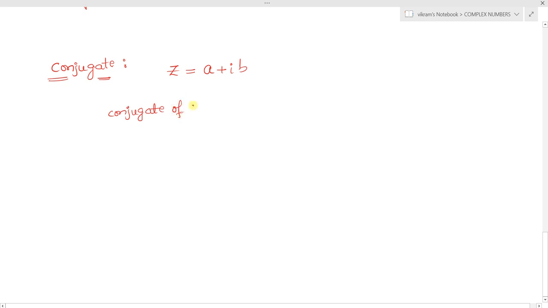The conjugate of z is denoted by z bar, z conjugate, and is obtained by simply changing the sign of the imaginary part. B is positive here, simply make it negative. Clearly, z equals a plus ib and its conjugate z bar is a minus ib.